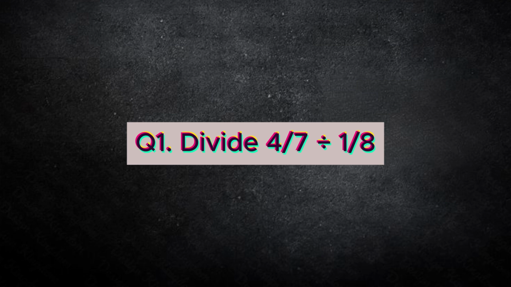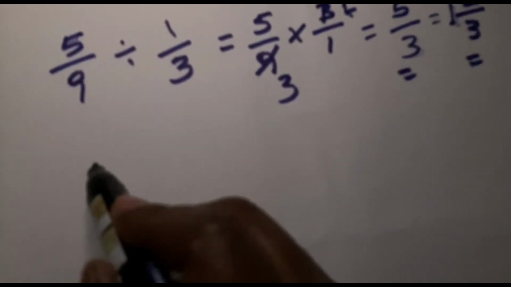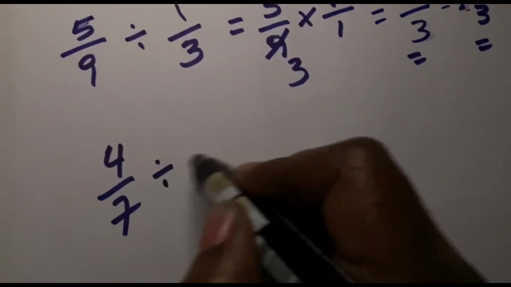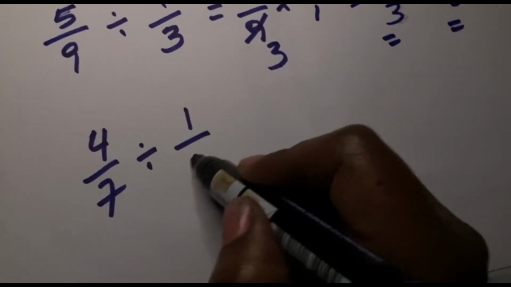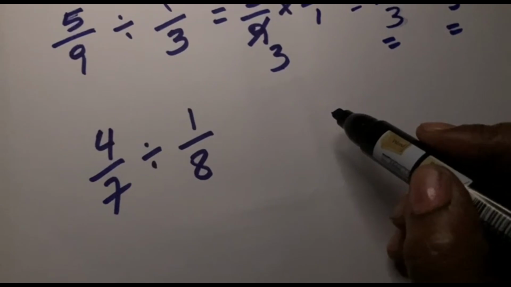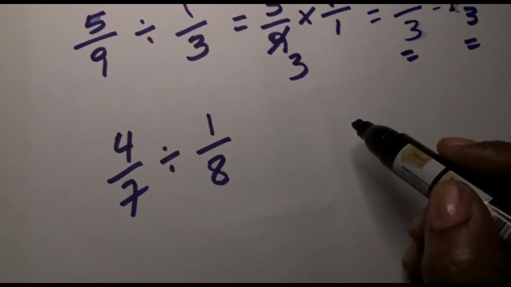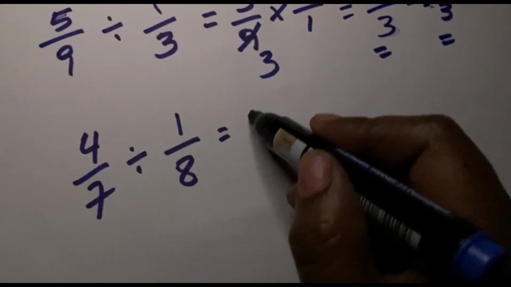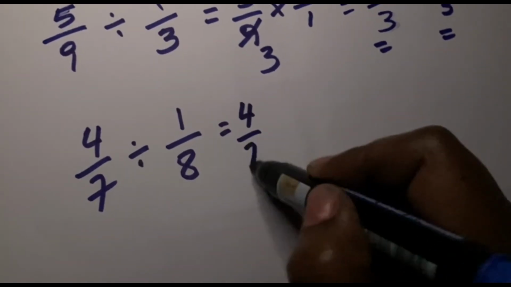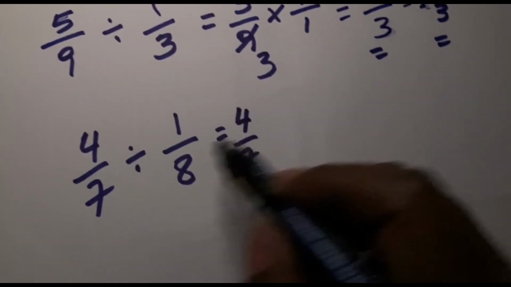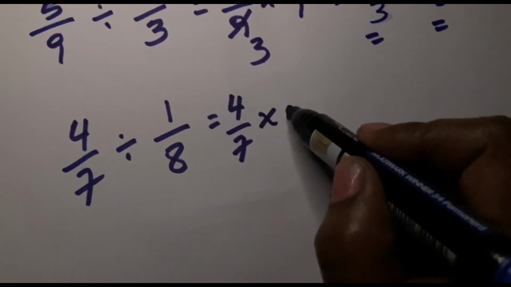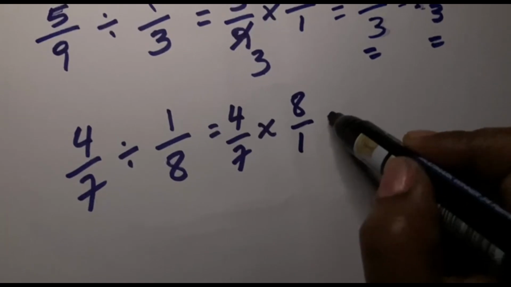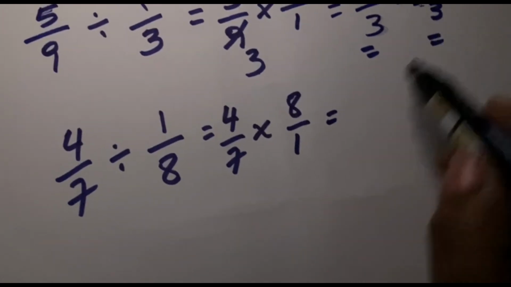Okay, we'll do the next example. What will it be if 4/7 divided by 1/8? Okay, let's follow our rule. Keep the first fraction, switch the division to multiplication, then flip the second fraction, then find anything to simplify.